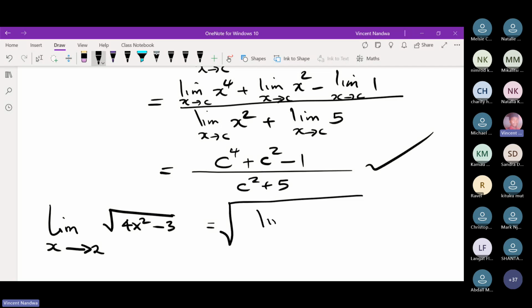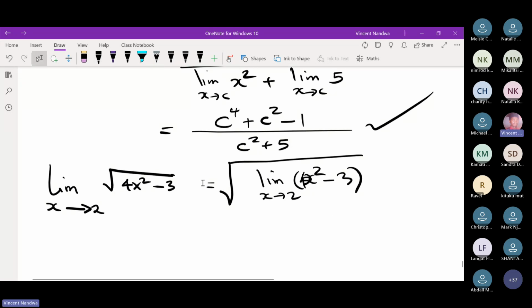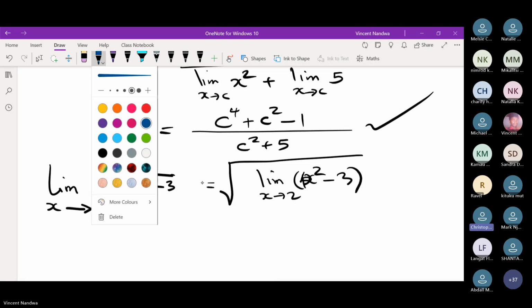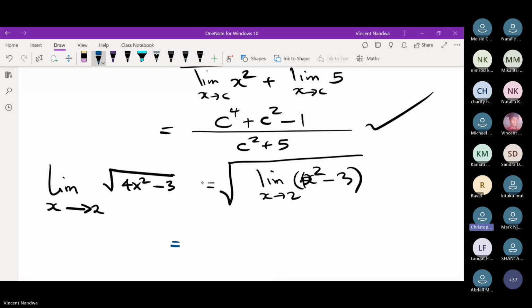So we'll have the limit as x approaches 2 of the function 4x squared minus 3. That's by the root rule. Then inside the root sign, how do we evaluate the limit?